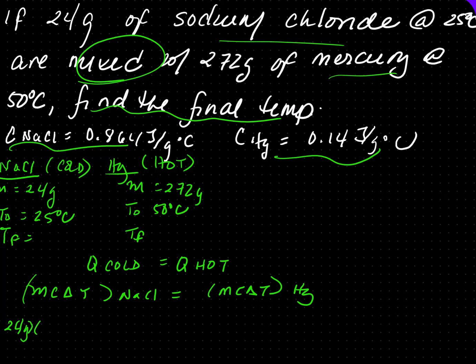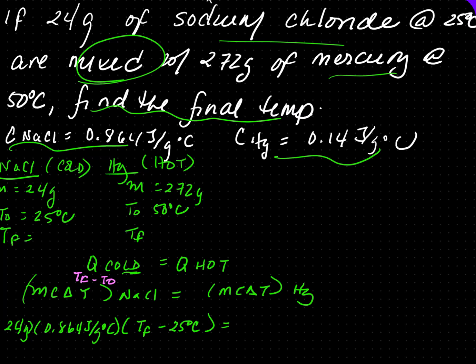Its C is given as 0.864 joules per gram degrees Celsius. Since it is cold, it's going to be T final minus T initial. I'm just going to write exactly like it is. This is T final minus T initial, which was 25 degrees Celsius.